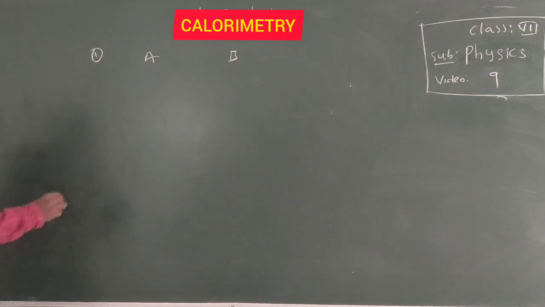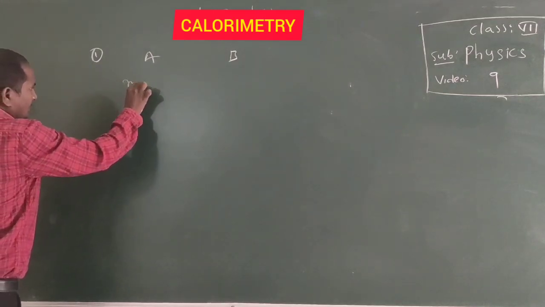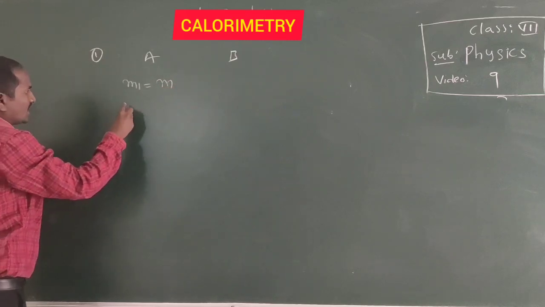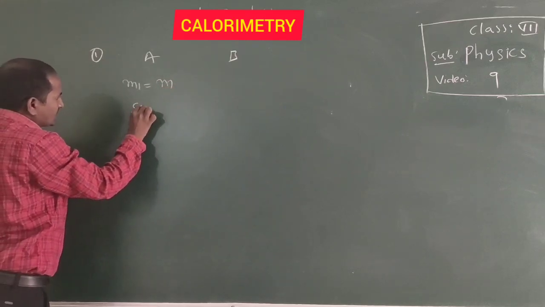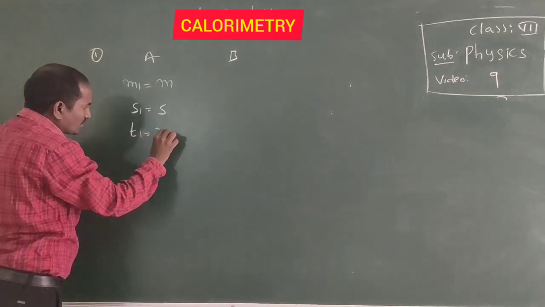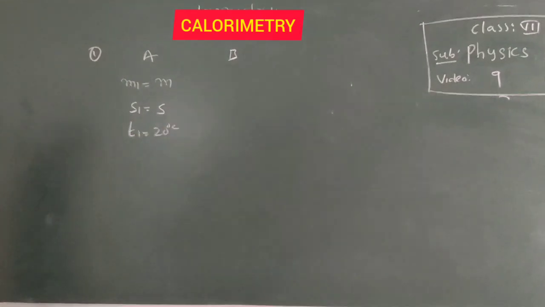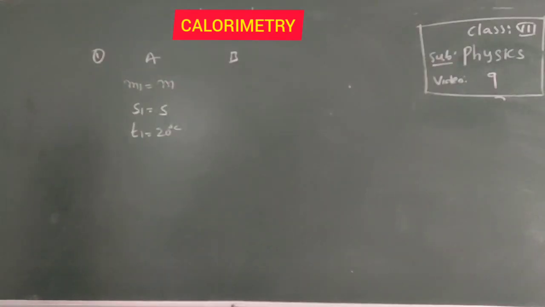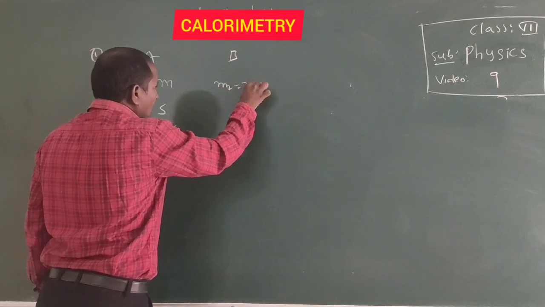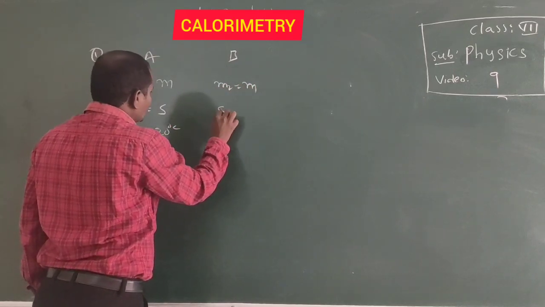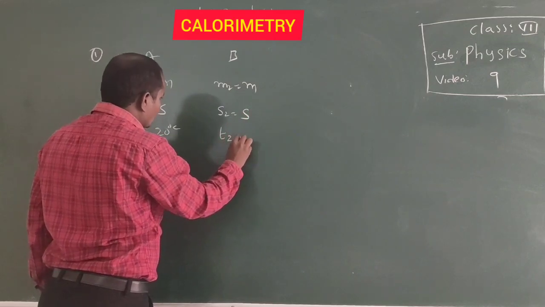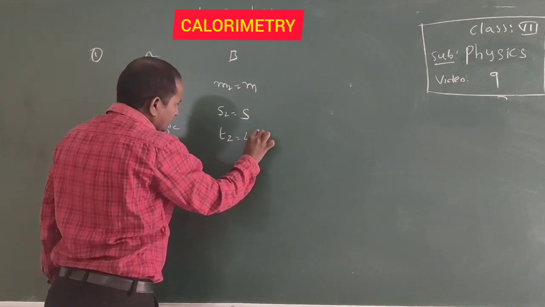Here mass of first liquid M1 equal to M, specific heat capacity S1 equal to S, and T1 is given, that is equal to 20 degrees Celsius. Next, B liquid, here M2 equal to 2M and S2 equal to S and T2 equal to 40 degrees Celsius.